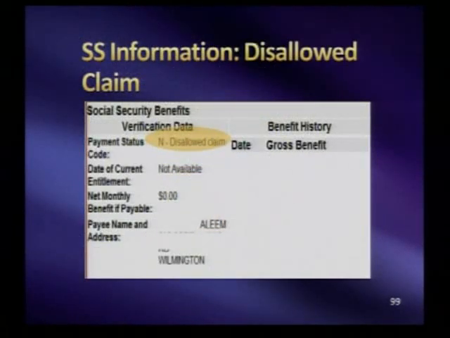Okay, here's an example of a disallowed claim, and I just want to let folks know that Social Security gives us everything that's in their database with respect to a claim. And so sometimes your client will let you know that, particularly I have found in cases where I was interviewing a client, they come in and they say, well, you know, Ms. Faison, I don't receive any income.